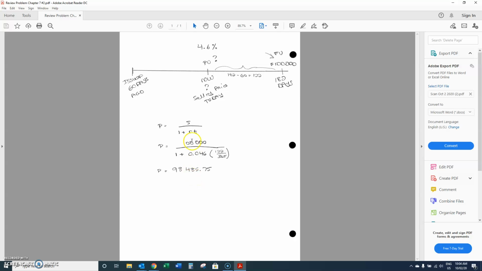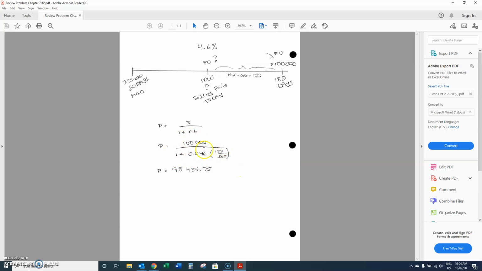You can even put the other steps if you want, but I do them all in one step on my calculator. If you happen to use the financial, like the buttons on the calculator, then I would like to see present value, future value equals this, equals this, put that down. But if you're using the formula, I'd want to see this.